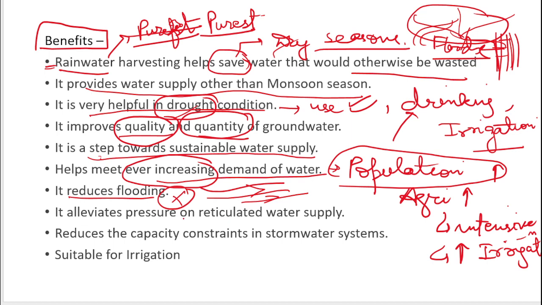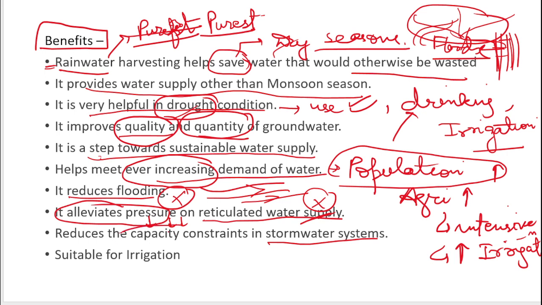It alleviates pressure on reticulated water supply, the water supply which has high pressure. So by doing rainwater harvesting, the pressure on those water resources will be reduced. It reduces the capacity constraints in storm water systems.